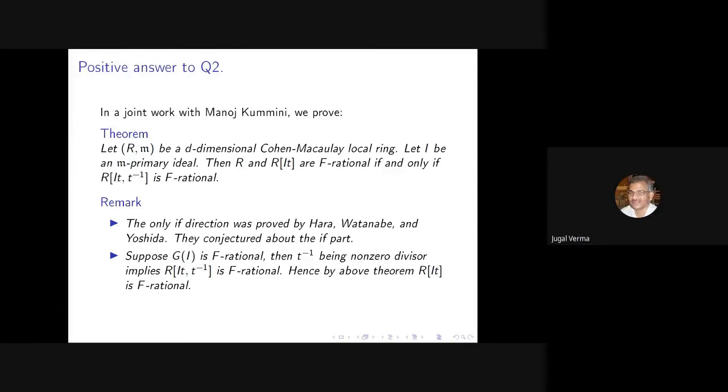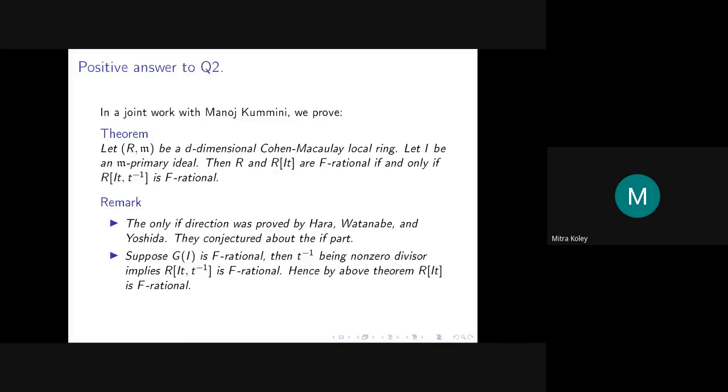And what about the multigraded case? For the multigraded case, I think in the paper of Hara, Watanabe, and Yoshida, they also proved the analog for the two-dimensional case, for I_1, I_2, ..., I_n, and there are results in that paper.